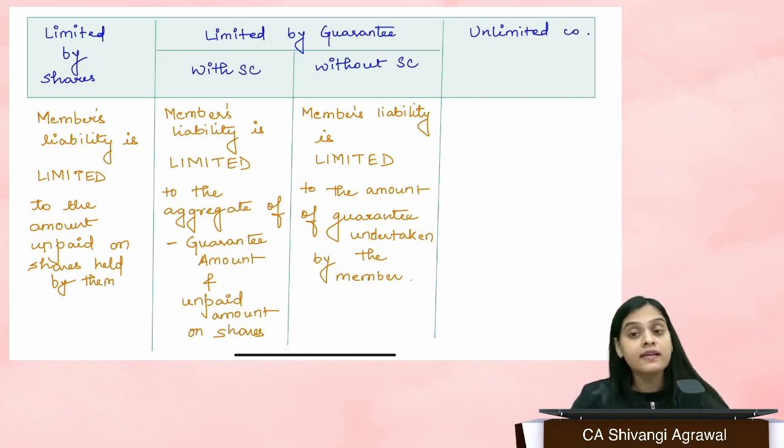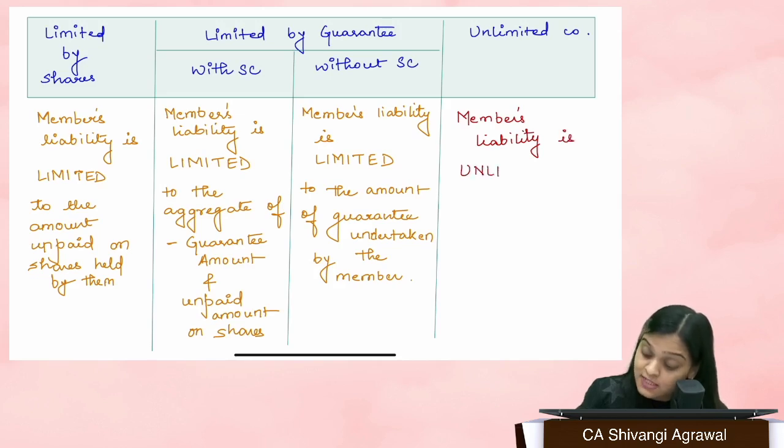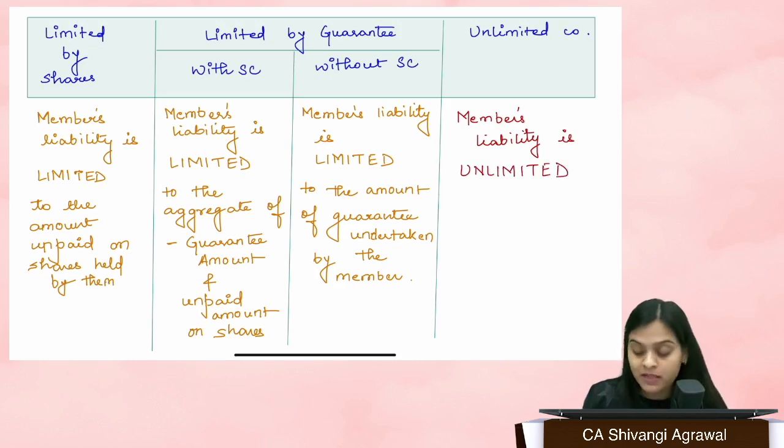And then comes unlimited company. The member's liability is unlimited. Ma'am, we have this type of company also. Then what is the advantage of forming a company? That is why hardly any such type of company is being formed.